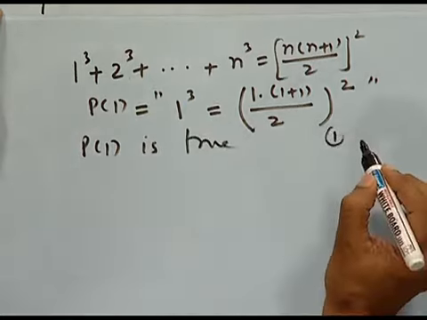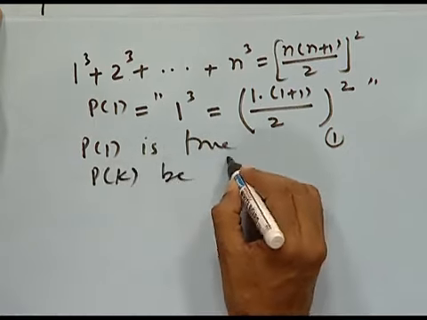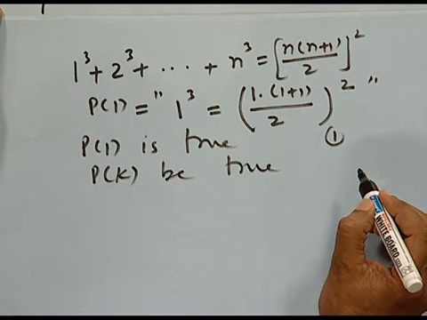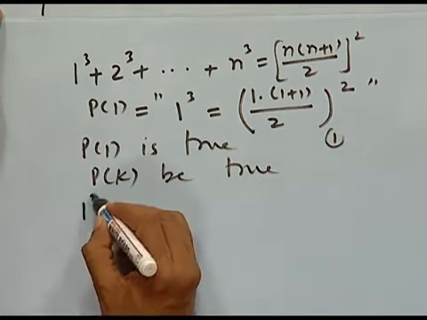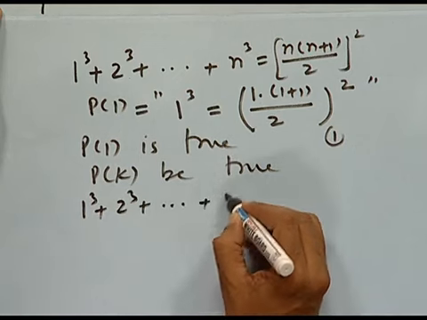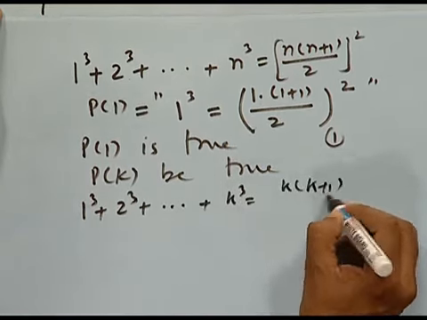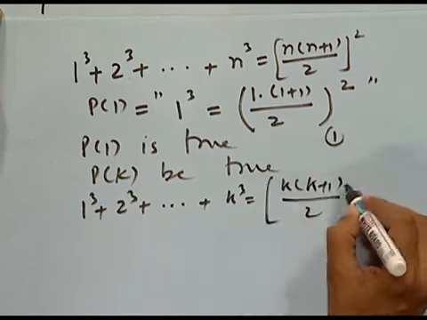the first step. Now, let Pk be true. This means 1 cube plus 2 cube and so on up to k cube is equal to k times k plus 1 by 2 whole square.